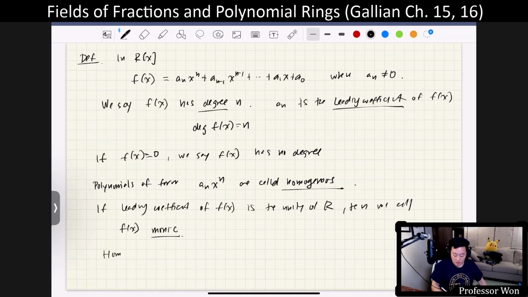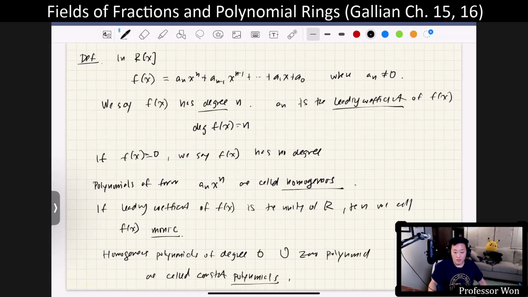Homogeneous polynomials of degree 0 union the 0 polynomial are called constant polynomials. I will often also say things like linear polynomials, quadratic polynomials. They are just the things that you expect.